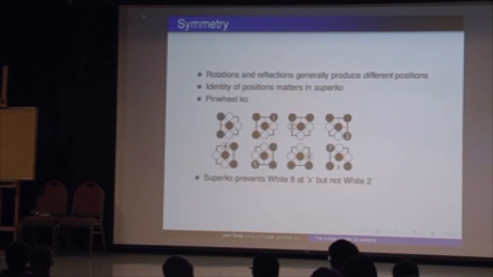And then you have millions of other possible repetitions, like the pinwheel ko that doesn't fall into either category. So there, the Japanese game would just happily continue forever. So they have two weird rules that still don't solve the problem. That's why superko is a pretty cool rule. It just solves the problem directly.